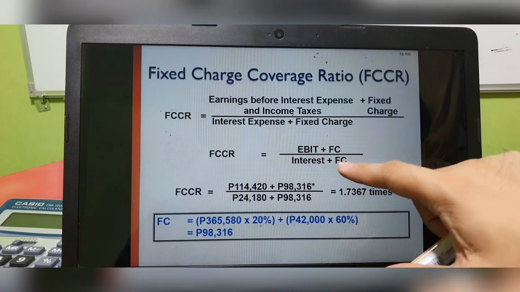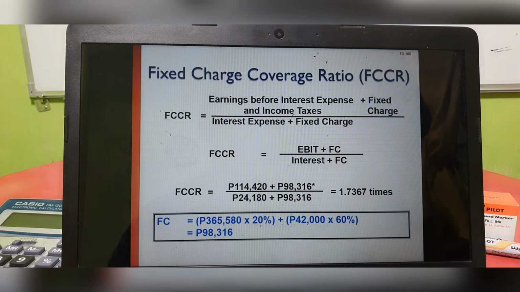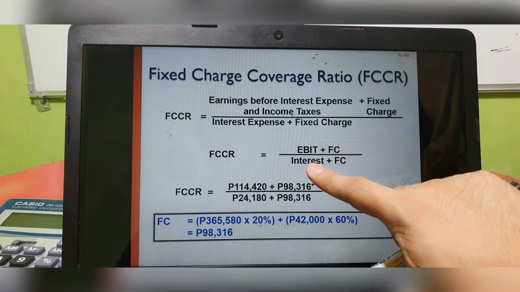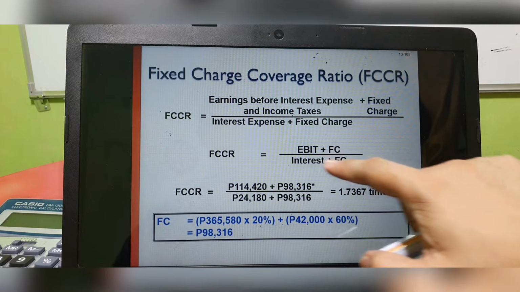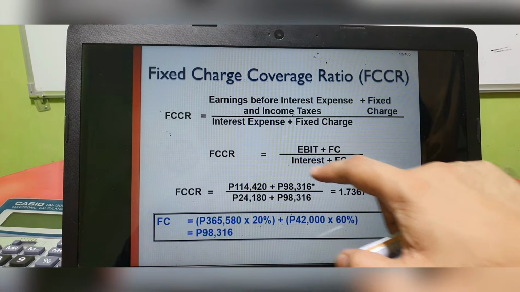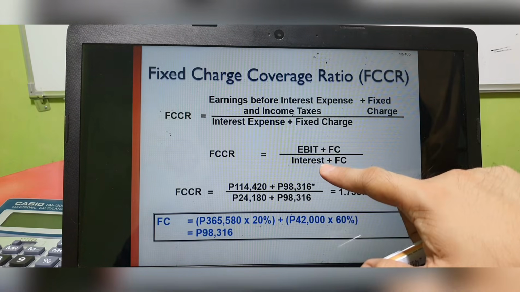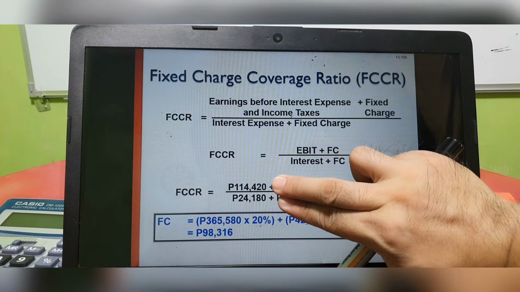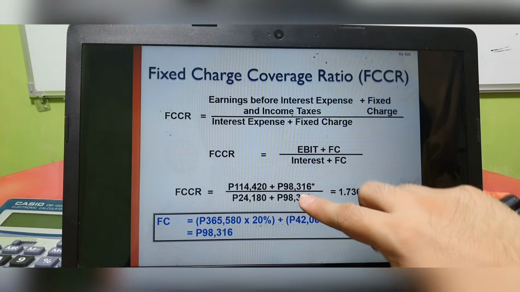Tapos interest plus fixed charge sa ilalim. Why? Kasi to pay for the fixed charges, after doing that, we have to pay for interest pa rin. Kaya naman, yun yung denominator natin. Coverage. Ibig sabihin, can we really cover or can we really pay for this denominator? So, EBIT over interest, yung kanina sa ating times interest earned ratio, add the fixed charge.